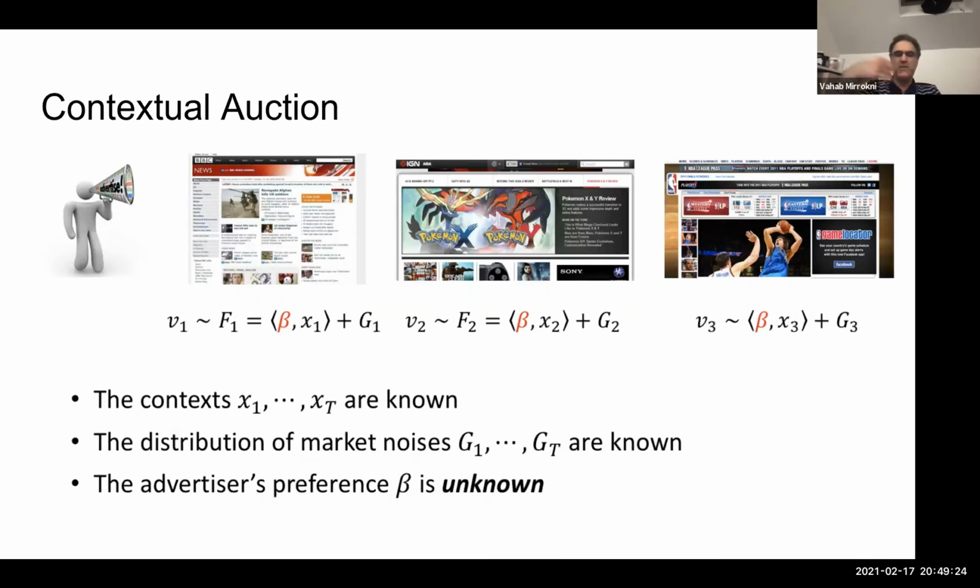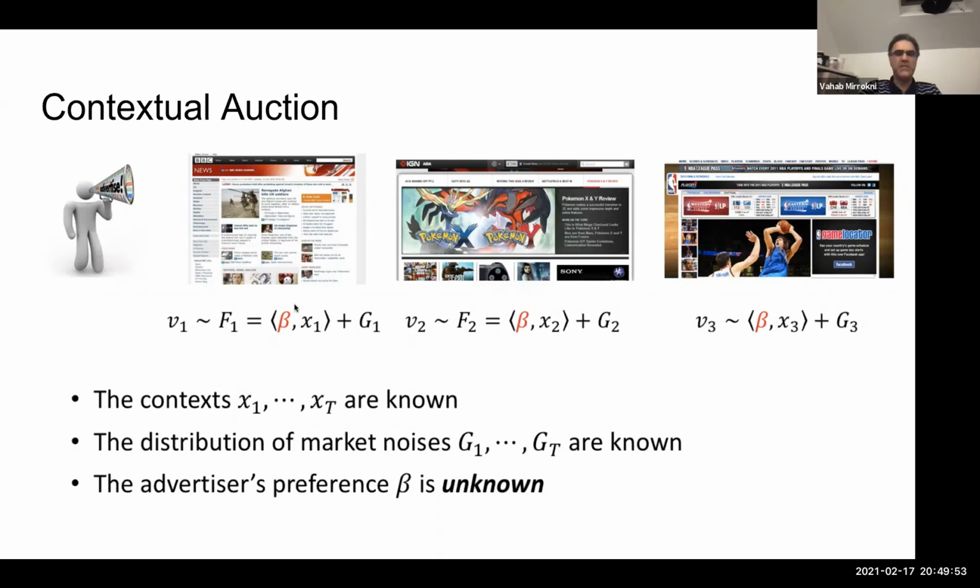And for this, we turn to contextual auctions because our results work in this setting only. In this setting, the values for buyers come from some distribution that has this type of form. It has a noise that is known to the auctioneer, and another value part, which is the dot product of the preference of the buyer and a vector of context.